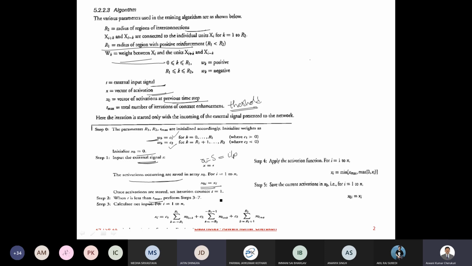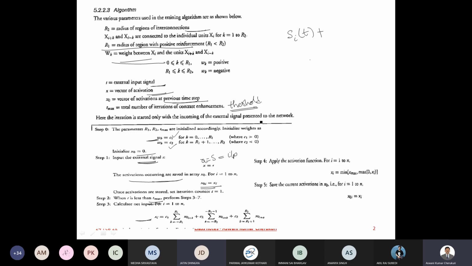And we are going to calculate your net input. Remember, the formula shown here is for a radius of 3, what we have seen in the architecture. But in general, the activation is going to be calculated like this.